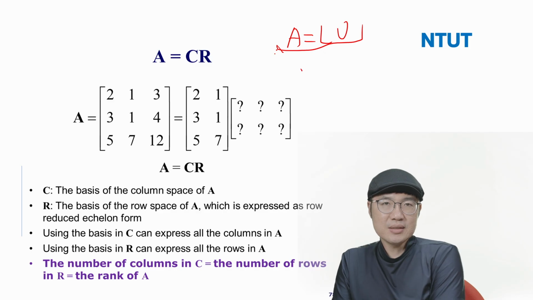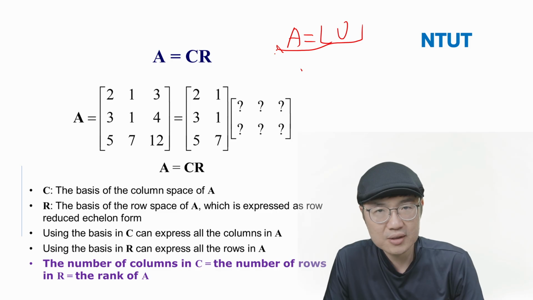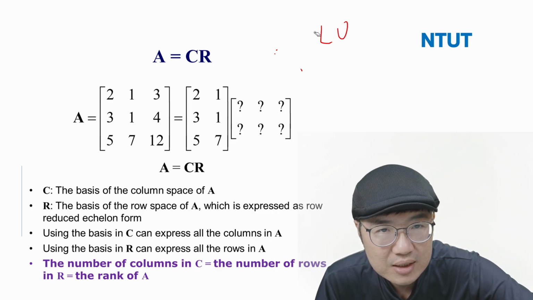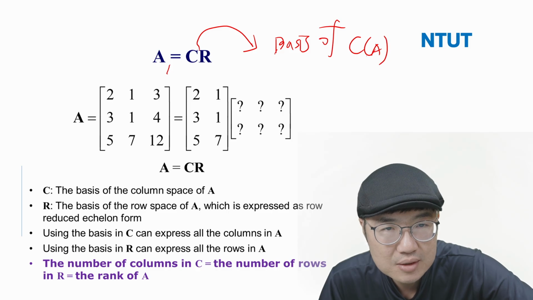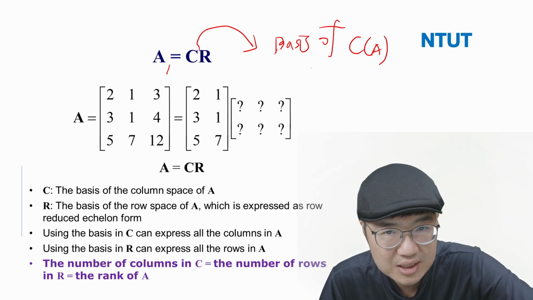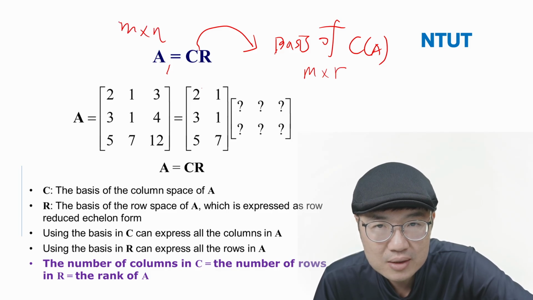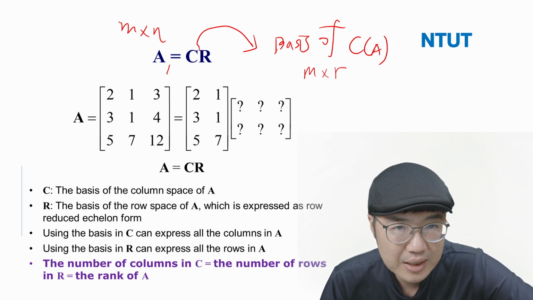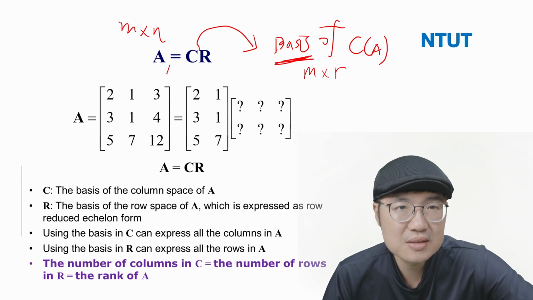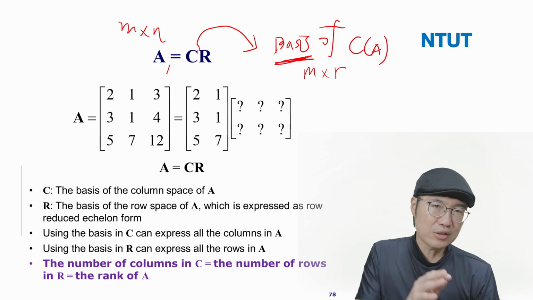Now, the second factorization in this short course is A equals CR, where C contains only the basis of the column space, and the size of C must be m by r. Consider m by n as A. It is the basis of something, so not too many vectors, not too few vectors.